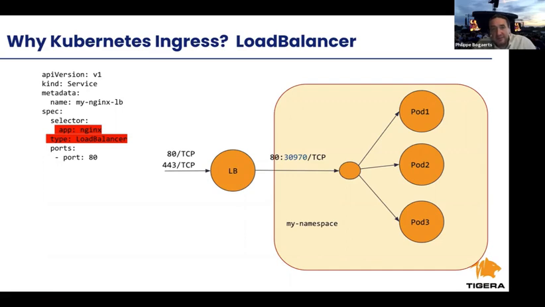The problem is that it will use public IP addresses every time, and you might be billed for more and more load balancers. And in some clouds, these load balancers are more expensive than the nodes themselves. So be careful with it because it happens automatically, and you might end up with quite some load balancers.